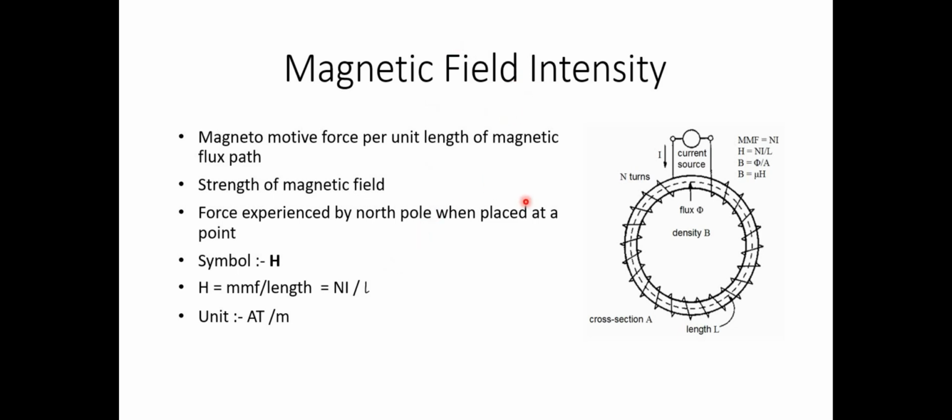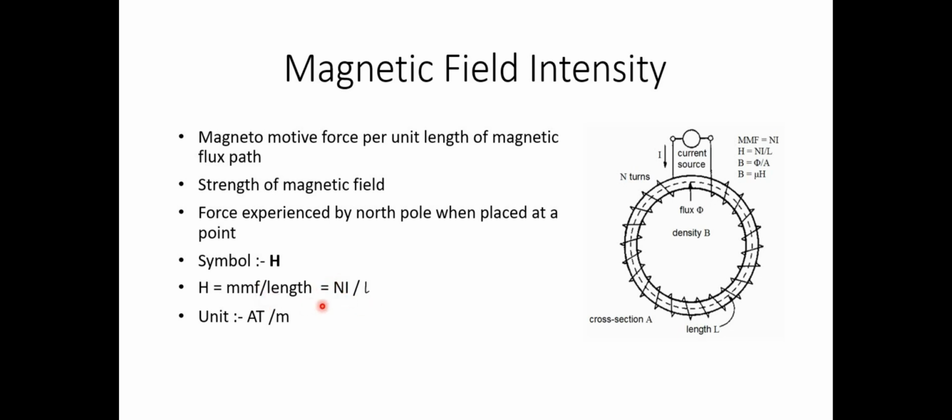Or it can also be defined as the strength of the magnetic field. Or else, it is the force experienced by the North Pole when it is placed at a point. Since the formula of magnetic field intensity is MMF per unit length, we can give it as NI by L.